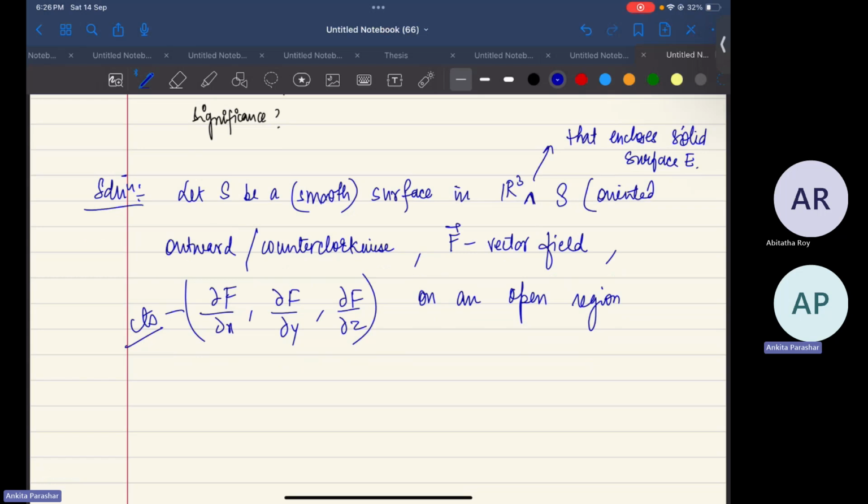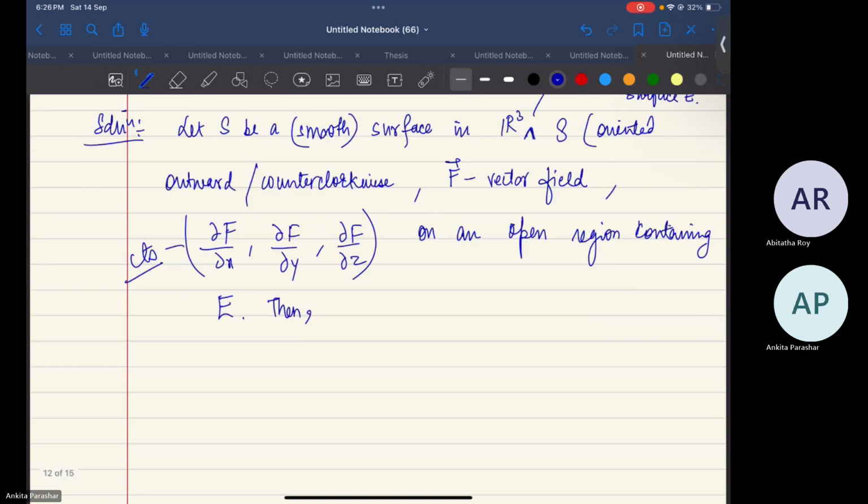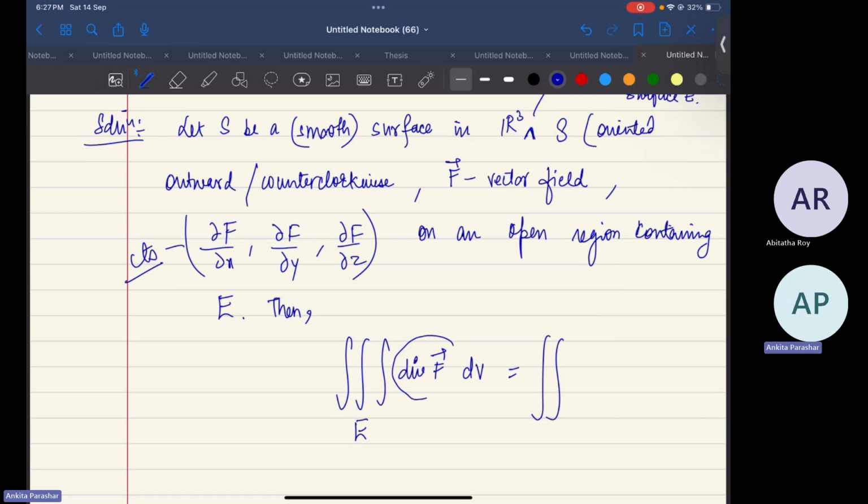On an open region containing E, then the integral over E of the divergence of F times dV equals the integral of F dot dS over the surface. This is the F which I'm integrating, and this is the volume integral, and this is the surface integral.